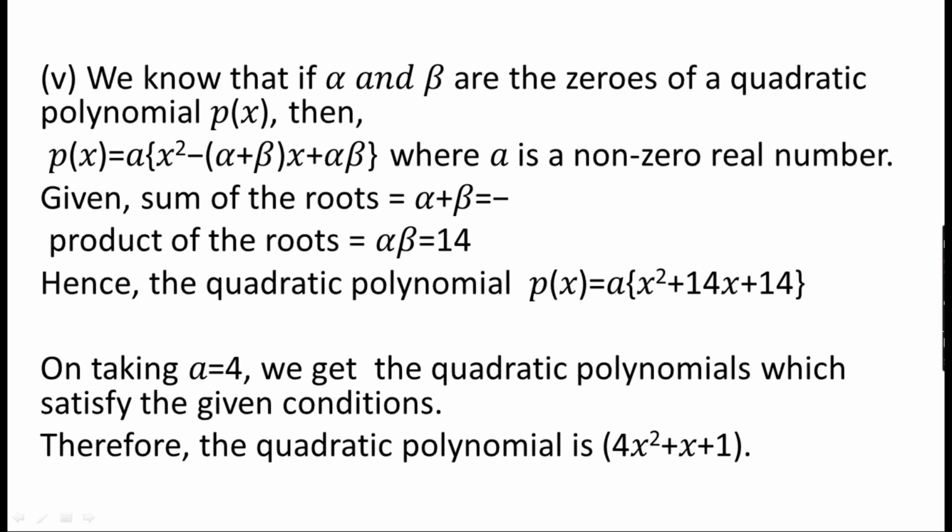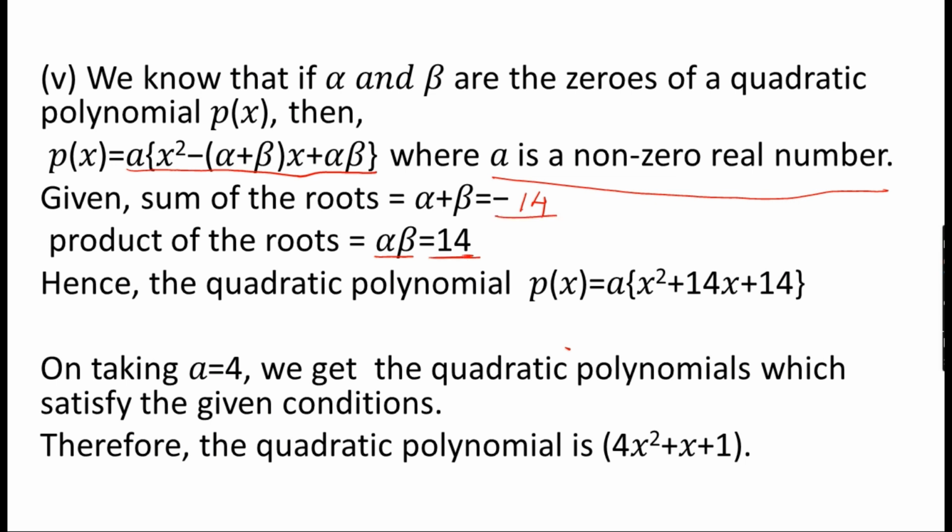We know that alpha and beta are the zeros of the quadratic polynomial. Here the general equation of the quadratic polynomial is p of x equals a x square minus (alpha plus beta) x plus alpha beta, where a is some non-zero real number. Now, the sum of the roots alpha plus beta is equal to minus 1 by 4, and the value of alpha beta is 1 by 4.